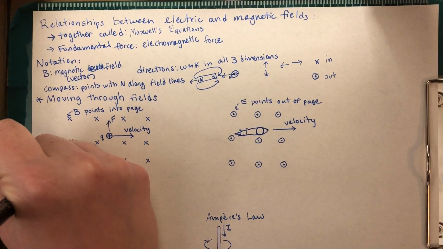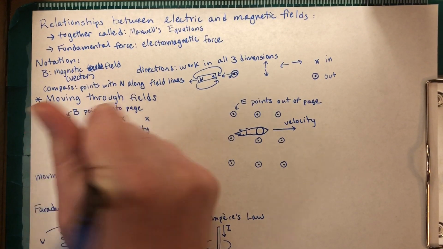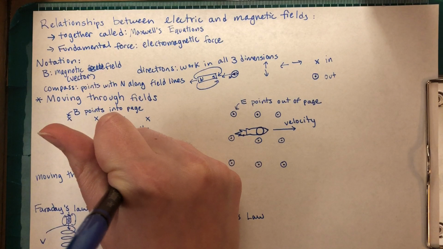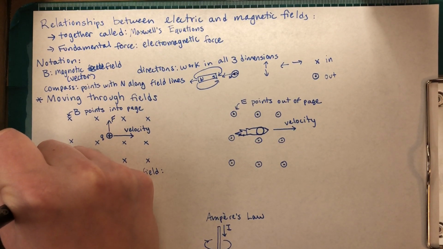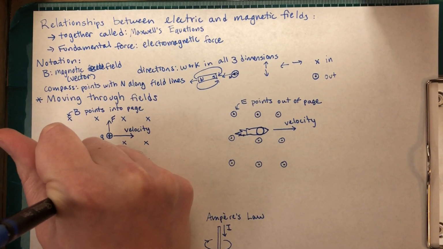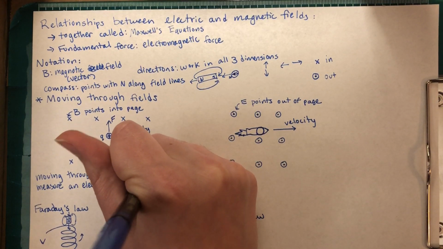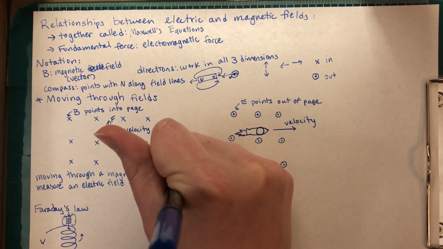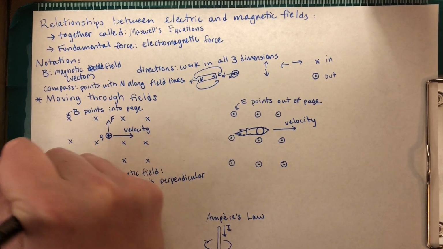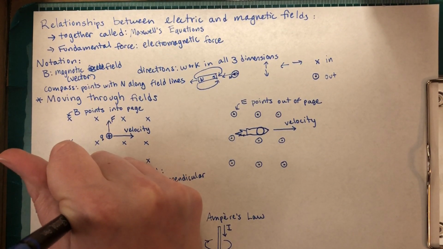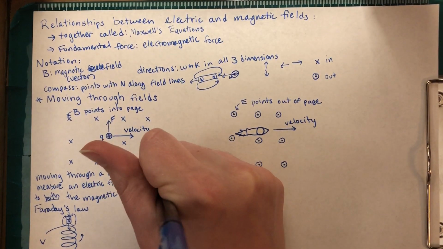So if you move through a magnetic field, you can measure an electric field that is perpendicular to both the magnetic field and the velocity.